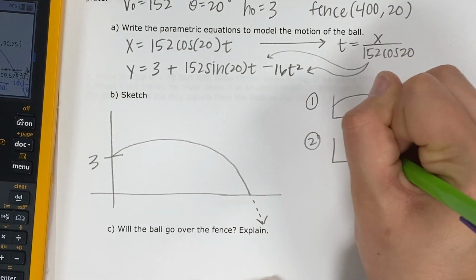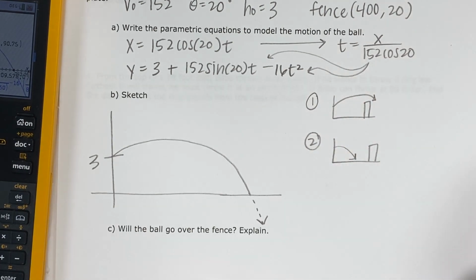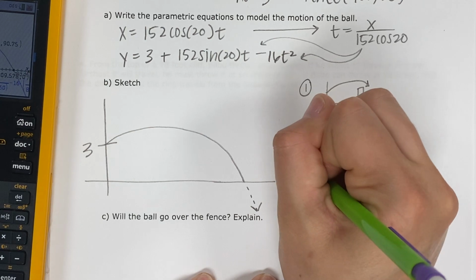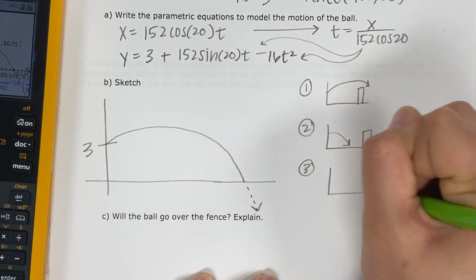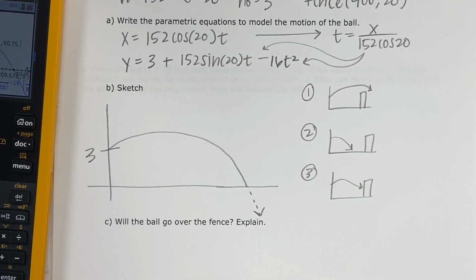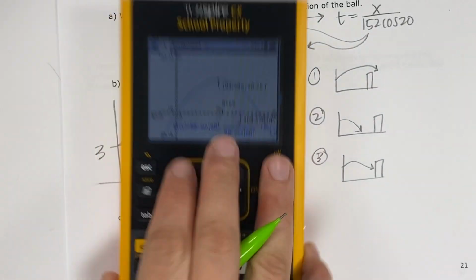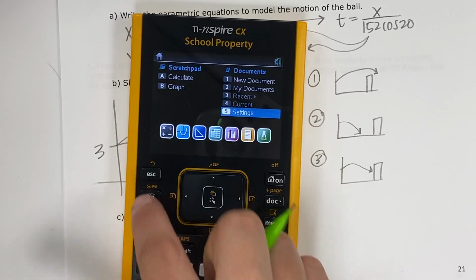Second scenario, our ball could hit the ground before the fence. Third scenario, our ball could hit the fence. So we need to graph this to figure out what our ball is doing at these different locations. So let me clear out my graph.